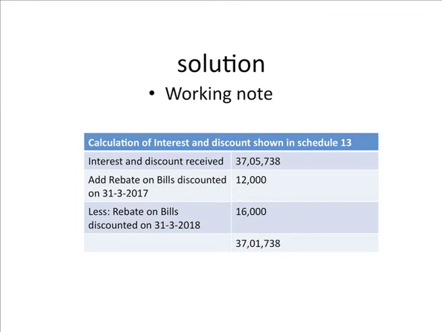First of all, we will prepare the working note for calculation of interest and discount to be shown under schedule 13. Interest and discount received as provided in the information is 37 lakh 5,738, and in the additional information we have the opening balance and closing balance of rebate on bills discounted. So add rebate on bills discounted on 31st March 2017 of 12,000 and less rebate on bills discounted on 31st March 2018, that is 16,000, because it is a provision on unearned discount.